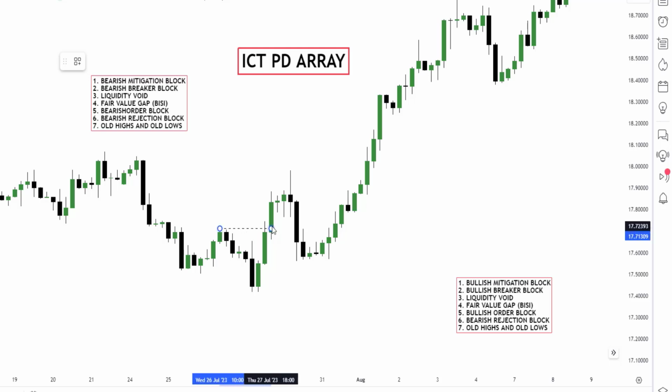Every time there is a shift in market structure or a break of structure, you expect price to go for external range liquidity that is residing right above this high. All right, all this place is liquidity. Once price has taken that external liquidity, it will reprice into this internal area, and this is where our premium and discount array comes in very handy.